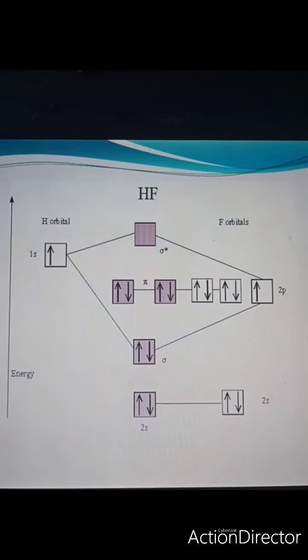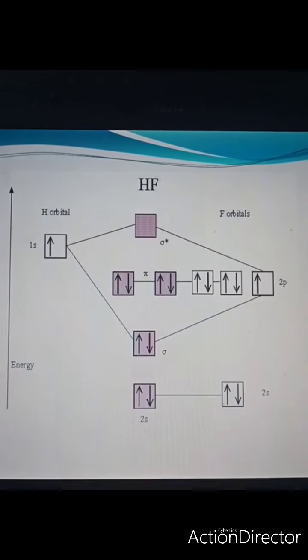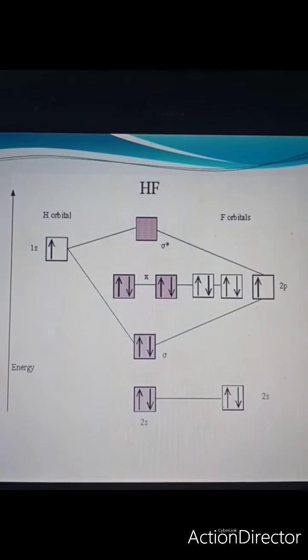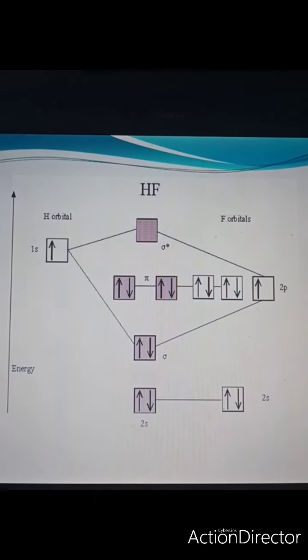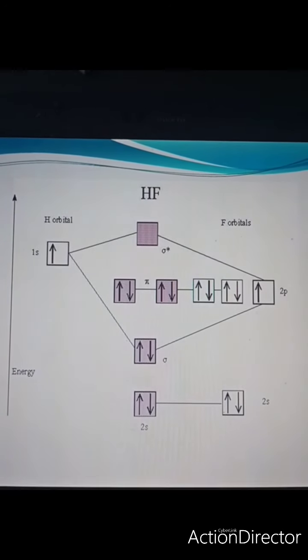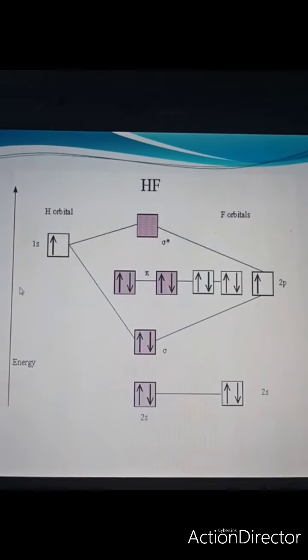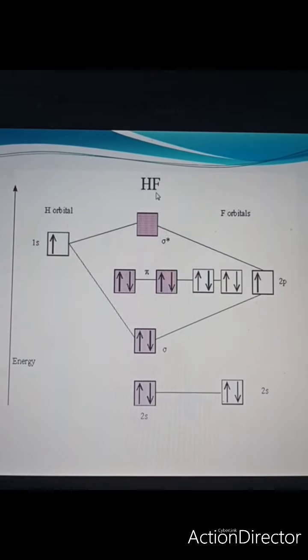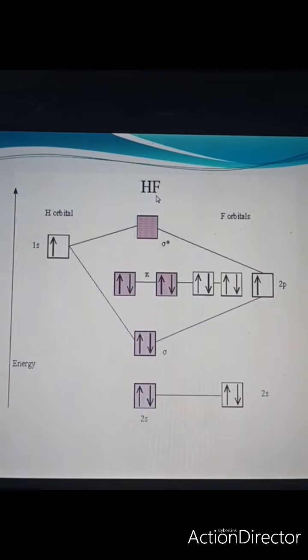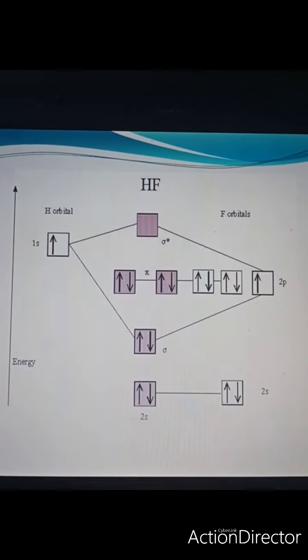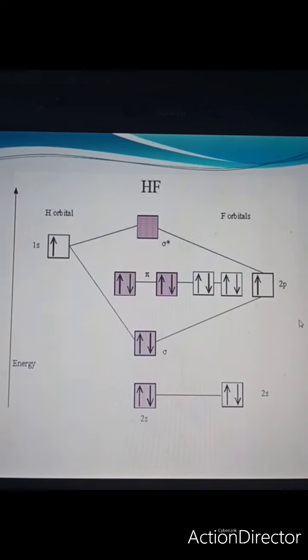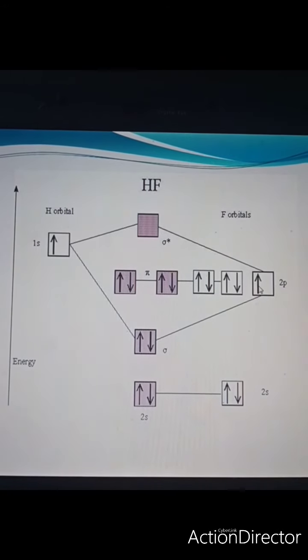Now let us do HF. HF is having some exceptions. Since it is not following the 14 electron rule, in this case hydrogen is having 1 electron, 1s1, which I have shown here, and fluorine is having 9 electrons, that is 1s2, 2s2 and 2p5. 1s I have not taken, so this is 2s and this is 2p.